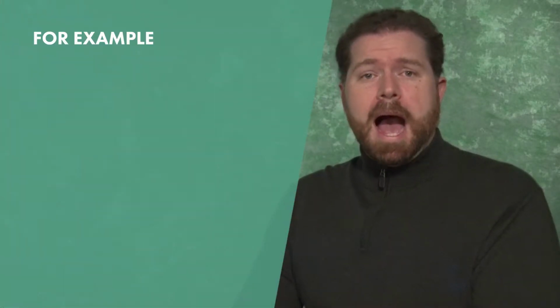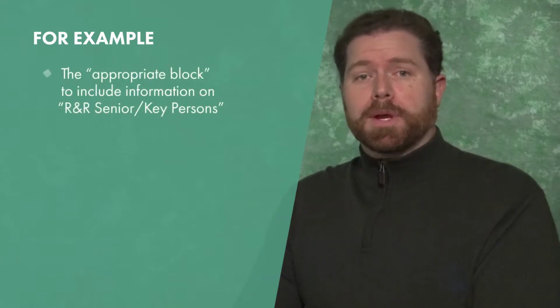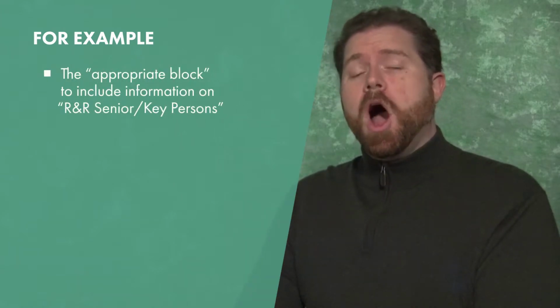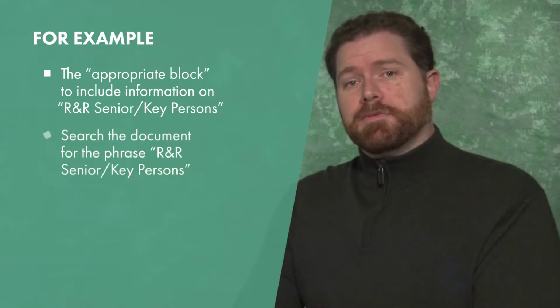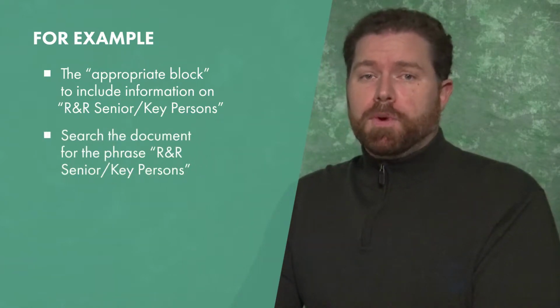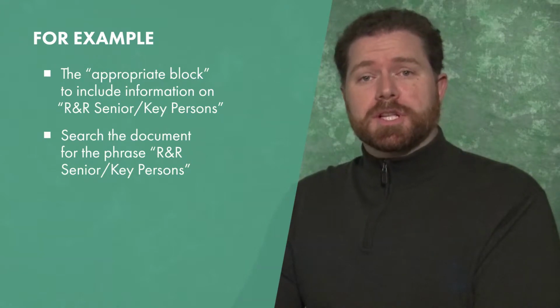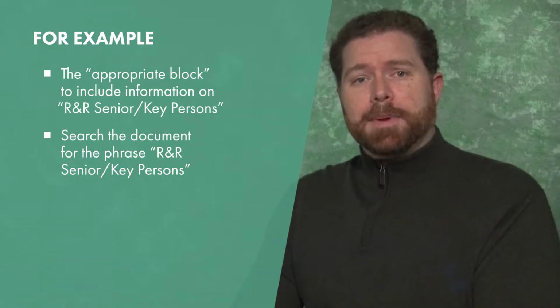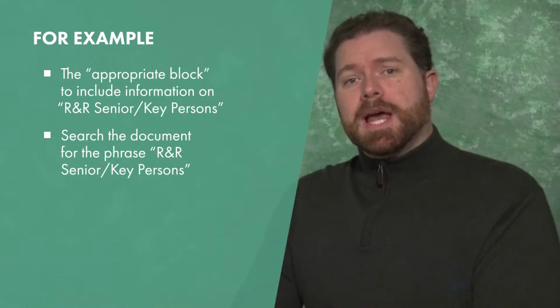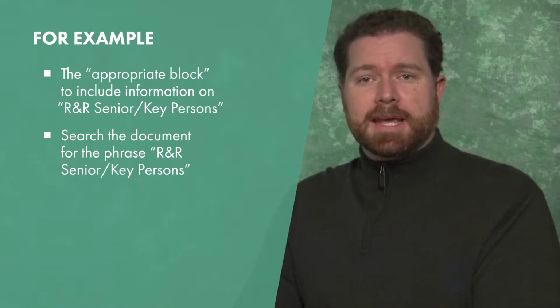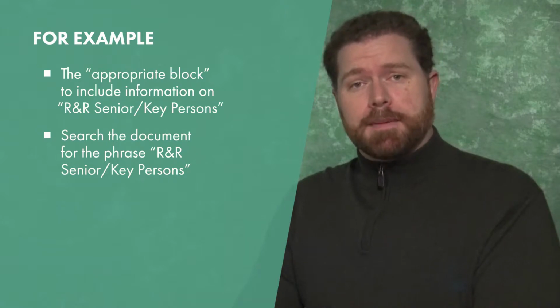For example, I wanted to know where is the appropriate block to include information on R&R senior/key persons. To find this information, I searched the document for the phrase R&R senior/key persons, carefully copying the exact phrase from the component list. The find function immediately took me to a section heading within this document with the same name.